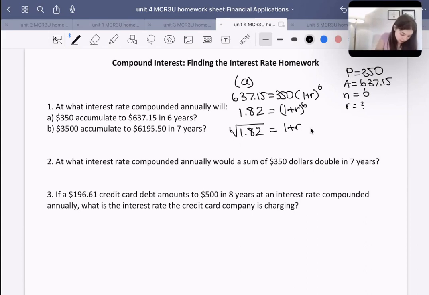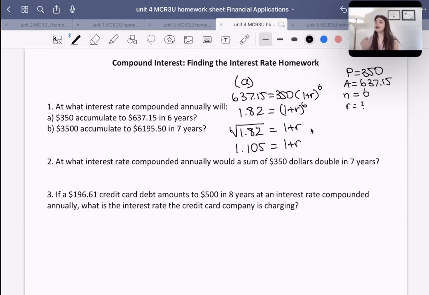So let's grab our calculator and do that. So the 6th root of 1.82. Okay, so I got 1.10495, so I guess that would round actually to 1.105, equals 1 plus r. Now, if we take this to the power of 6, we should get 1.82 back.